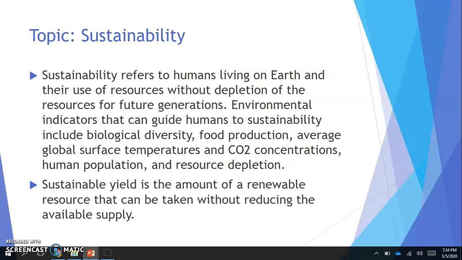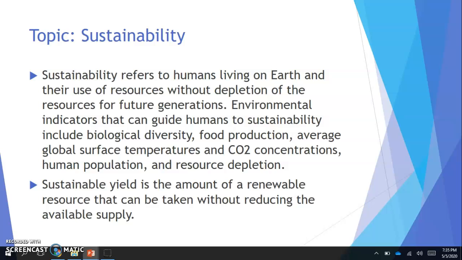Environmental indicators that can guide humans to sustainability include biological diversity. Remember, diversity is a good thing. Food production, average global surface temperatures and CO2 concentrations, human population, and resource depletion. So basically what that means is we can monitor these things, right? We have the ability as scientists to measure what average global temperatures are.